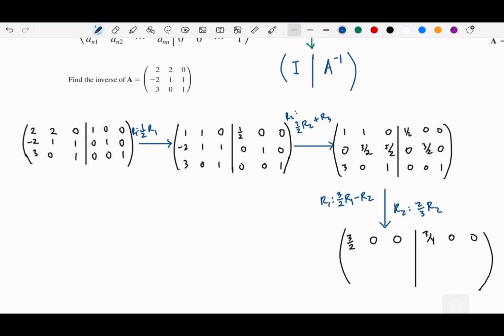And then the second row, or maybe let me just compute first and then multiply. R2, maybe just multiply. Okay, this will be 0, 1.